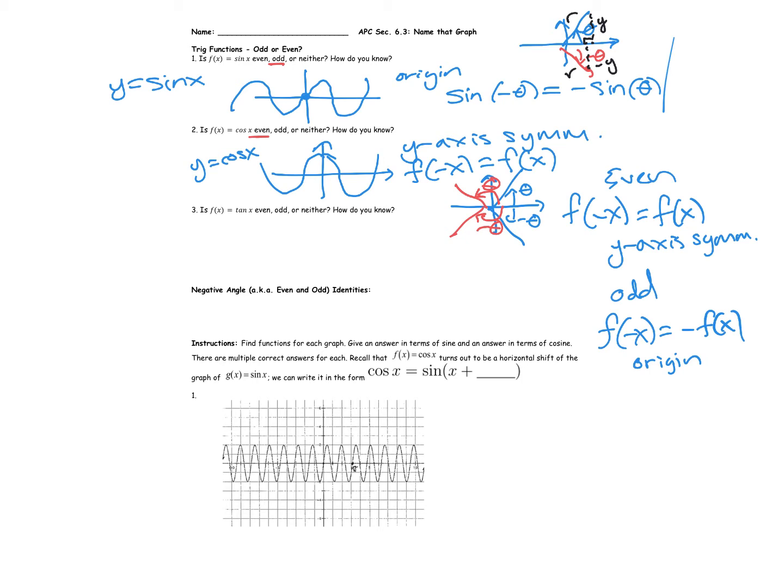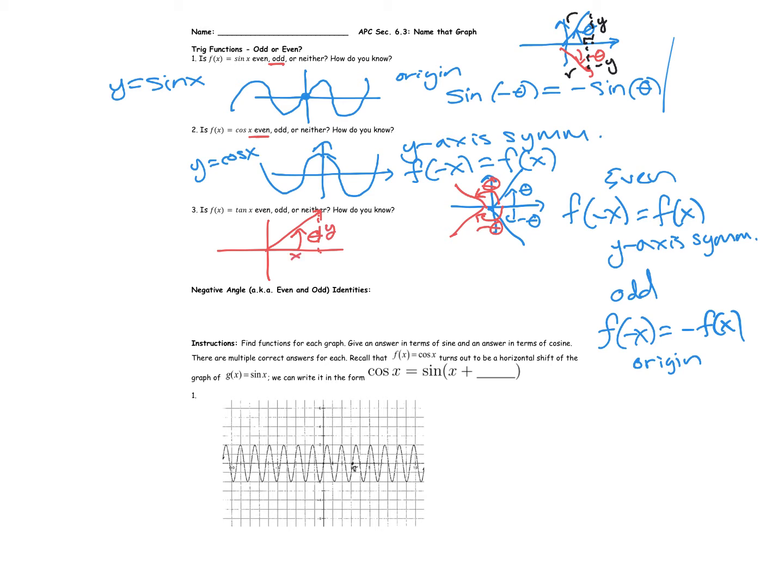And what about tangent? At this point, we haven't done the graph of tangent, so let's just think about the quadrants. Let's take a quadrant 1 acute angle. And remember, tangent is y over x, and both are positive there.